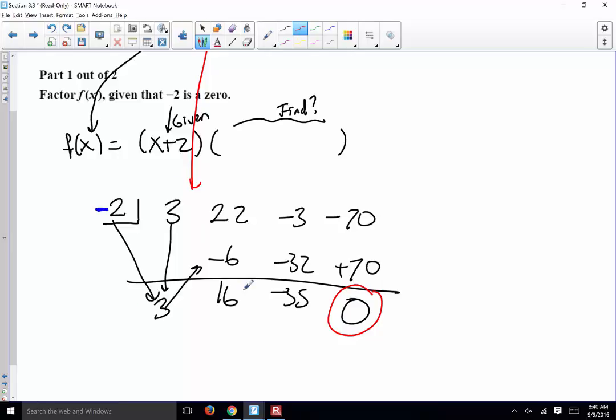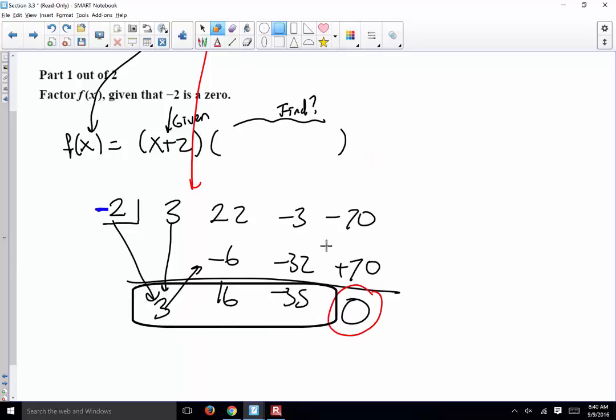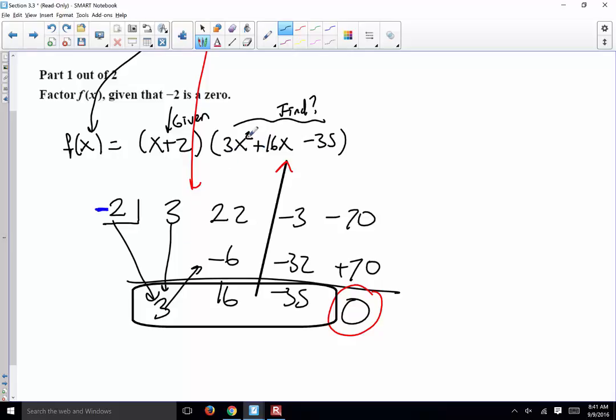Alright, then what is this piece? Quotient. Perfect. This guy will go here. Okay? Alright, how? Minus 35 first, 16 next with an x, and 3 going first place with an x squared.